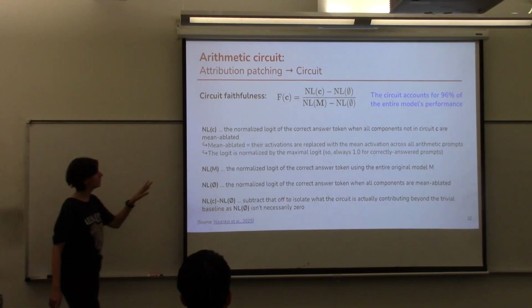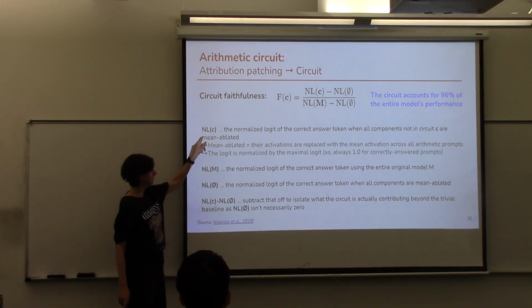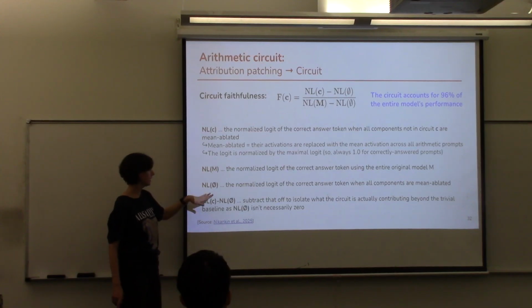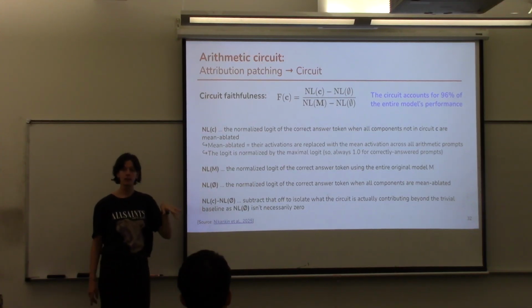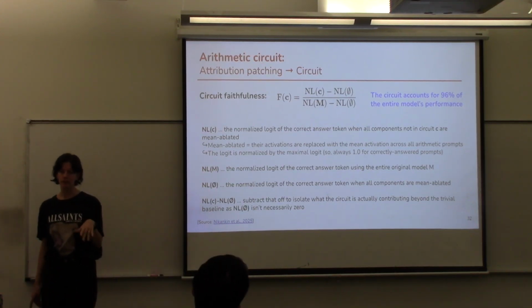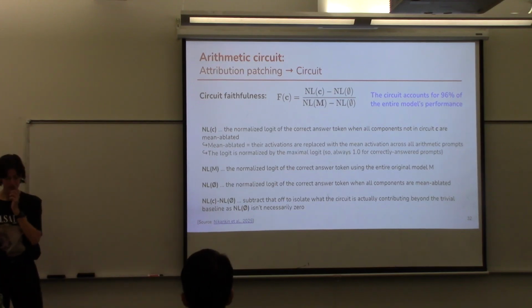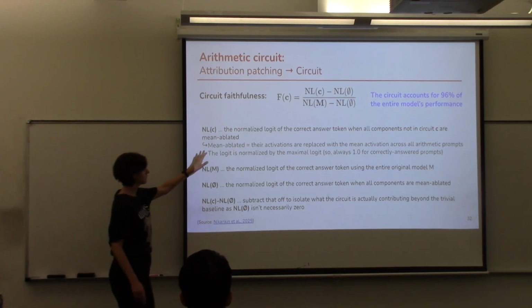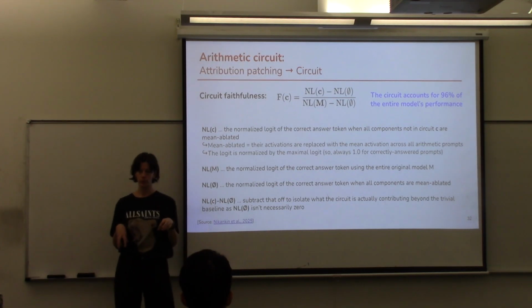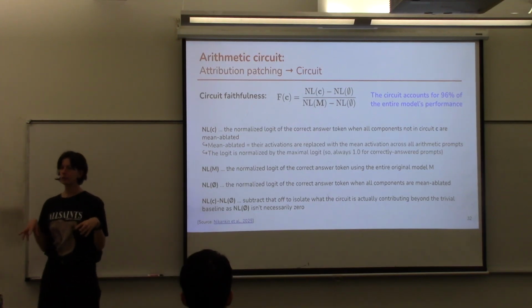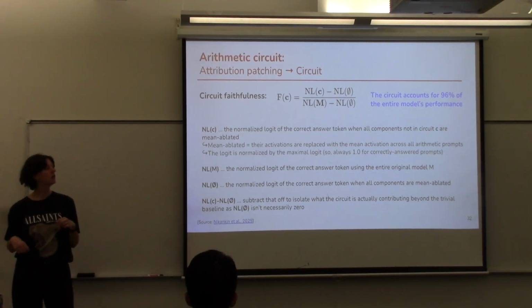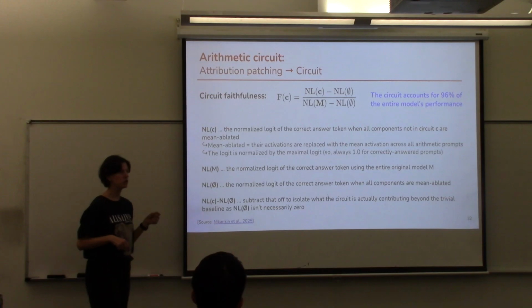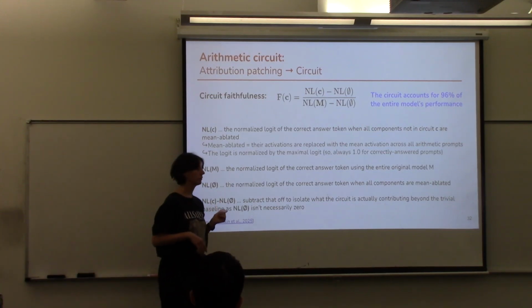Okay, so now we can take this function with the circuit C, with the full model M, or here we use empty set, but what we actually mean is mean ablating, and we are going to cover all of these cases. So first one is where we take only these important components, and only using them, we are calculating the normalized logit of the correct answer.